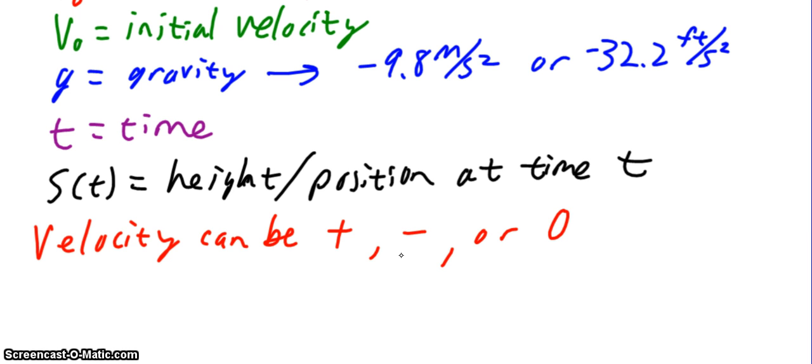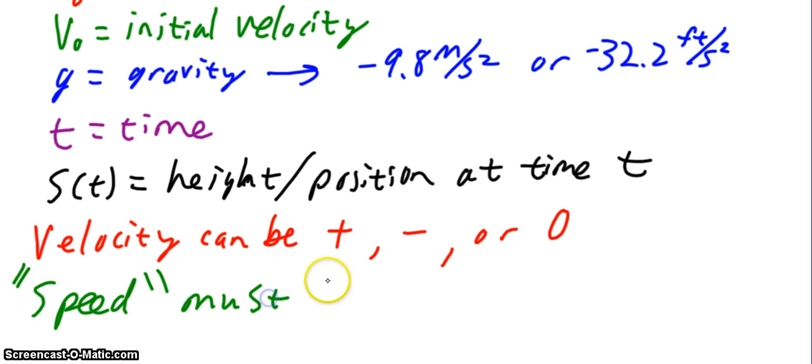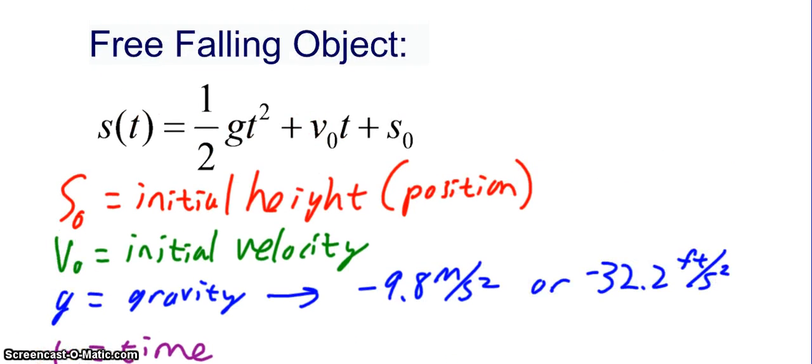If something is moving forwards versus backwards, forwards would be positive velocity, backwards would be negative velocity. Whereas when we use the word speed, speed must be positive. So another way to think about that is speed is the absolute value of velocity. Make sense?